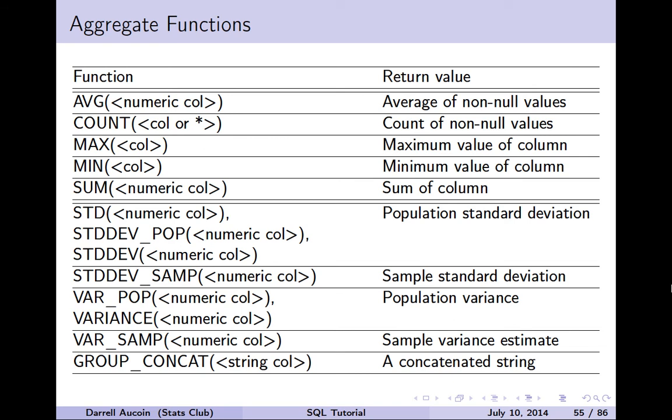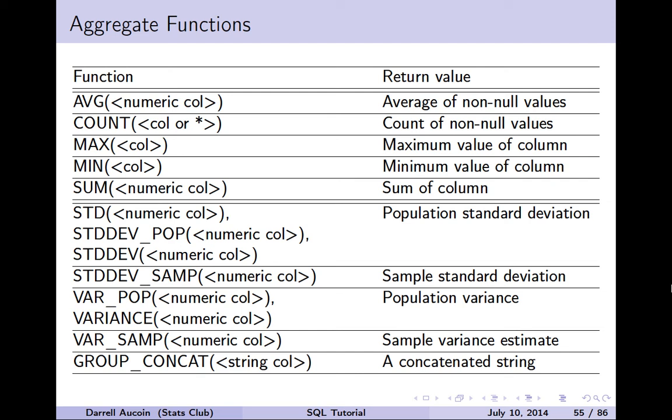Here's basically a list of aggregate functions. Average, we count them up. We can count columns, or we can count the whole row. If there's a null in a column and you specify that column, it won't count that. You also specify maximum value of the column you want, minimum value.